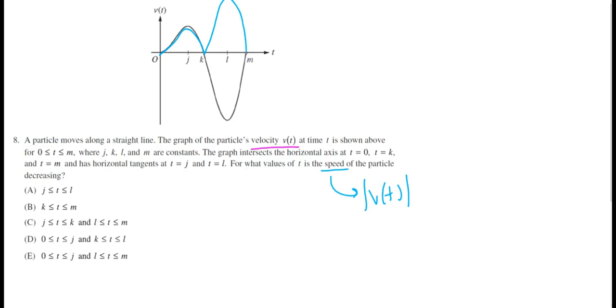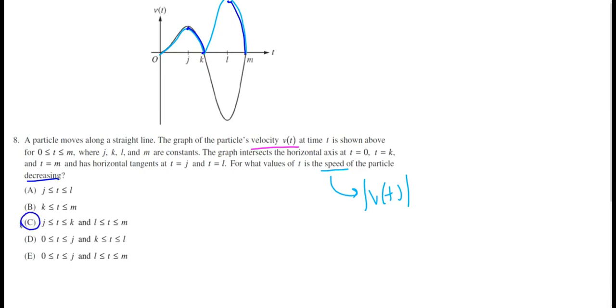So, for example, whatever this is, why this is negative 5, now I need to have a value of positive 5 there. So that blue graph is now the graph of speed, and I want to know when speed is decreasing. So that will be from j to k, and l to m is one way of doing it.